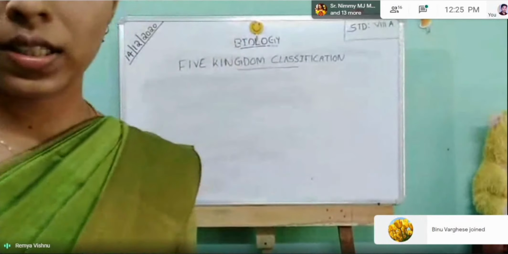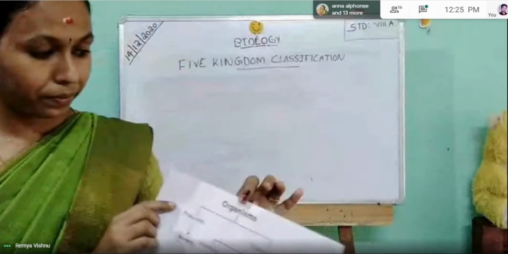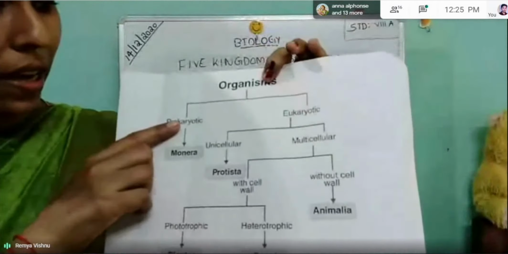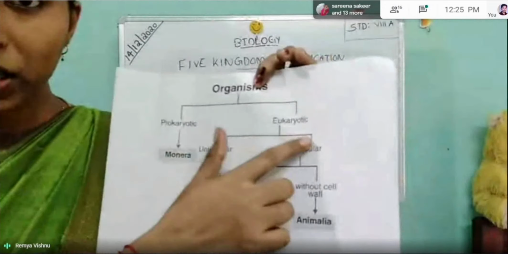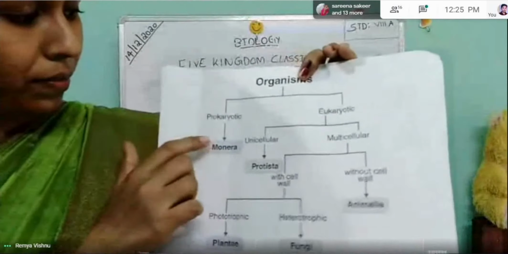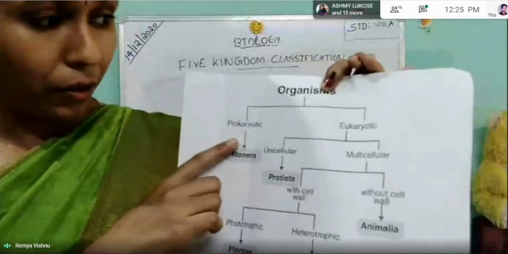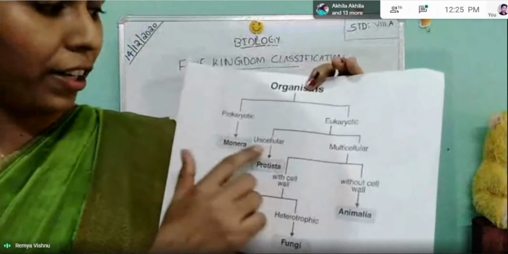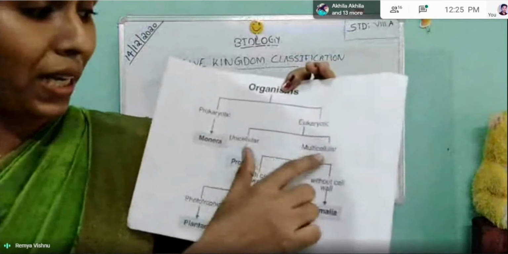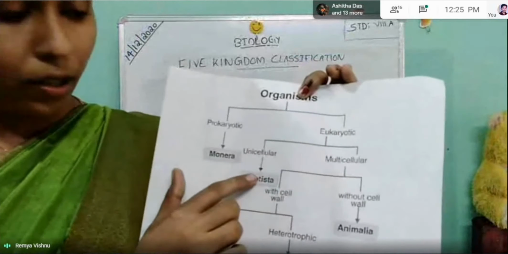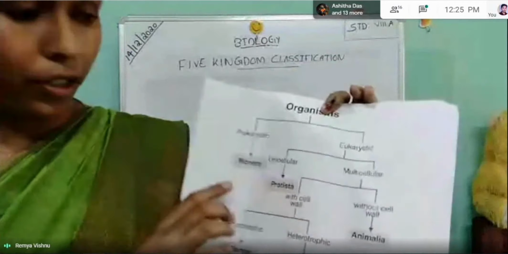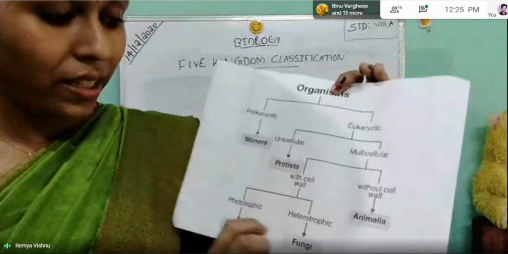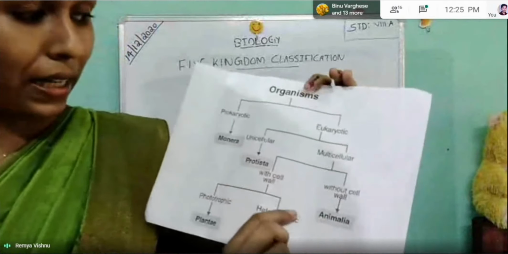Let's conclude today's topic. Organisms are of two types. They are prokaryotic and eukaryotic. Kingdom Monera are prokaryotic. And eukaryotic organisms are again divided into unicellular and multicellular. Protists are included in unicellular eukaryotic organisms. And multicellular organisms are plant, fungi, and animalia.